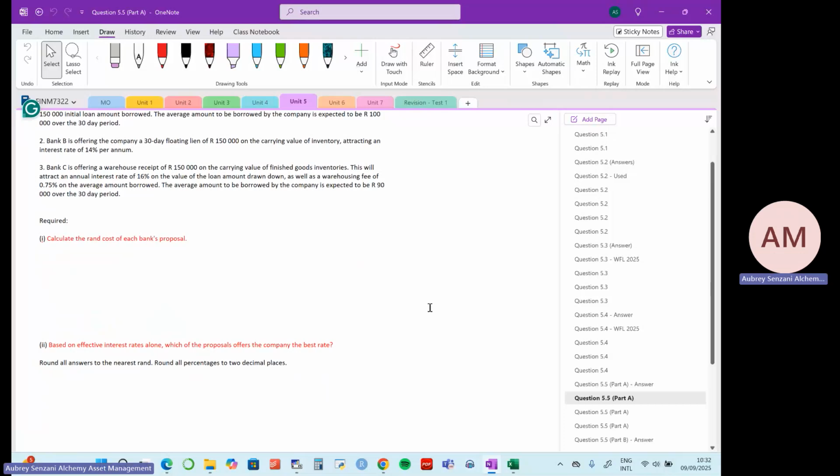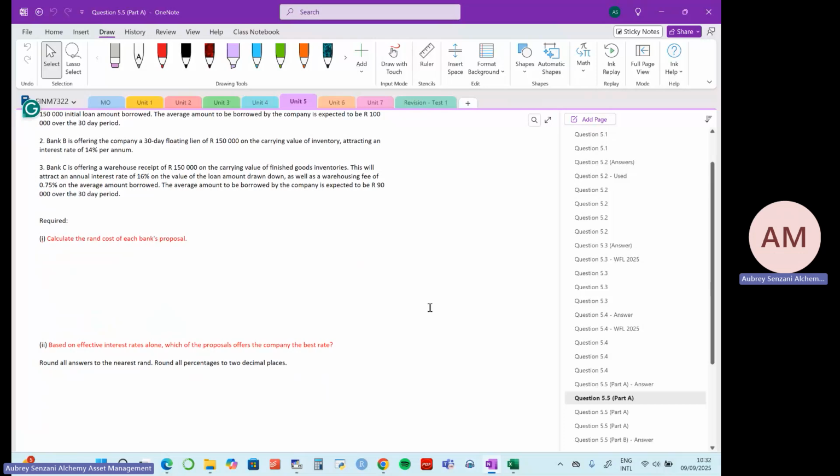The question comprises two separate parts. Oasis Suppliers is having problems with its liquidity and is seeking to raise a short-term loan of 150,000 over a period of 30 days. Okay, so we need 150,000 over a period of 30 days.